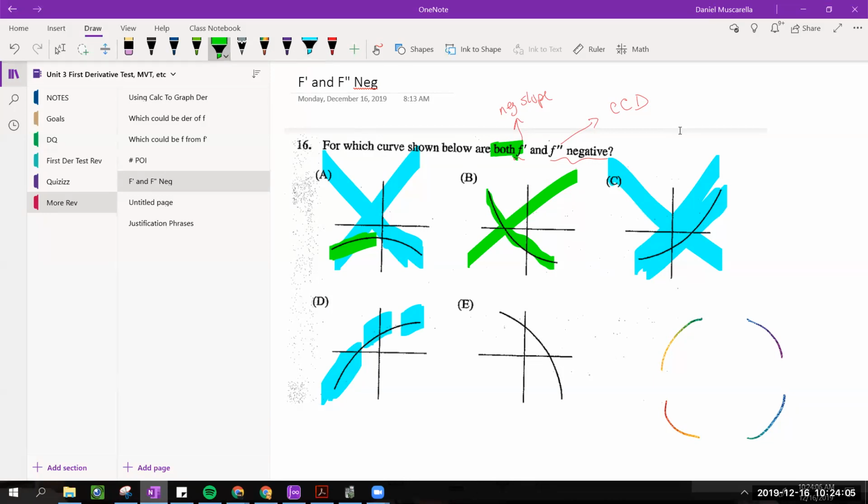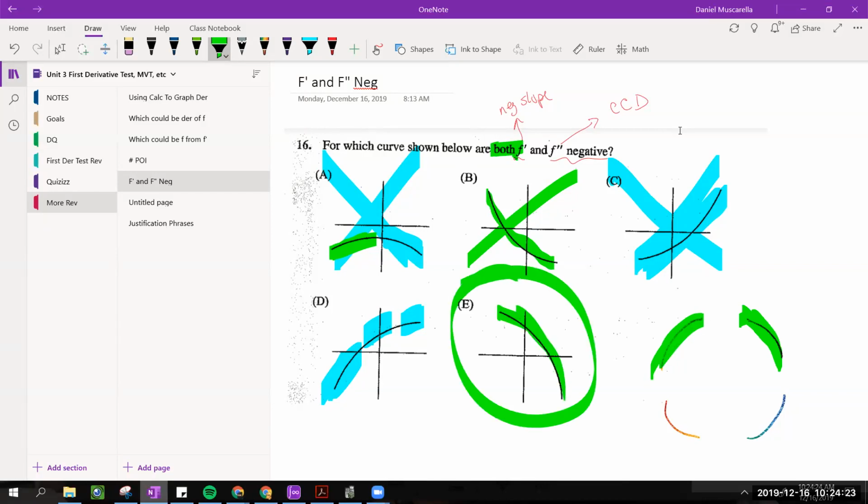And for E, all my slopes are negative, and that's the concave down part of my function. Since I want a negative slope, I want the one that goes like this. So E would be our winner.